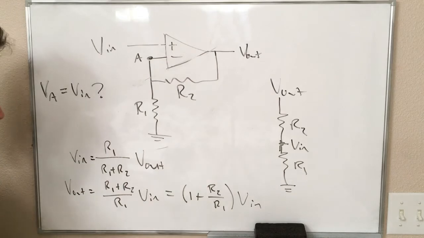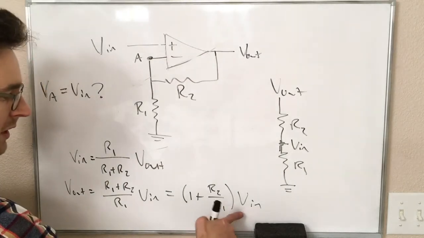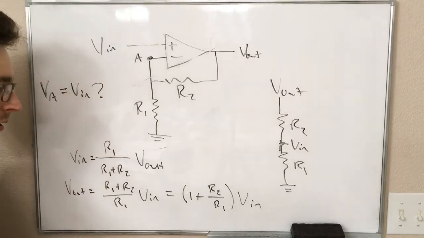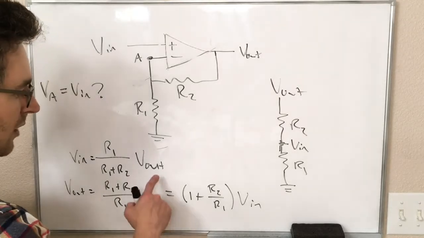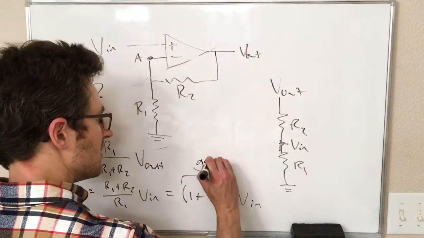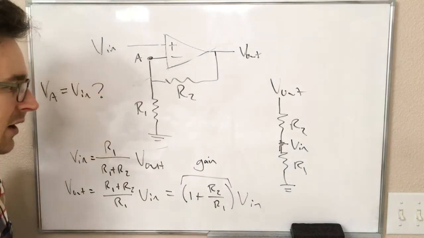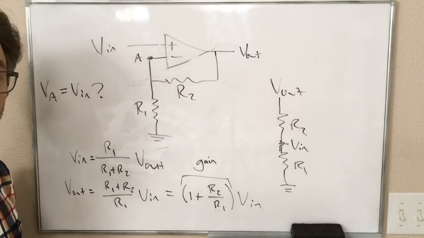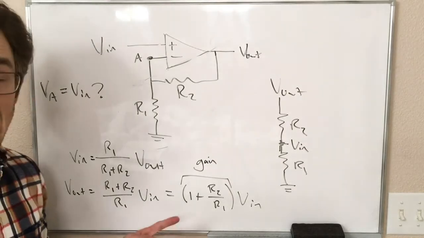Okay, so that was our whole analysis of this voltage divider circuit, and therefore our analysis of the relationship between Vin and Vout. So note now that Vin and Vout are still just directly proportional to each other, like in our last circuit we looked at. So Vout is equal to something times Vin. This is, again, our amplifier gain. In the case of the inverting amplifier, this value was negative.